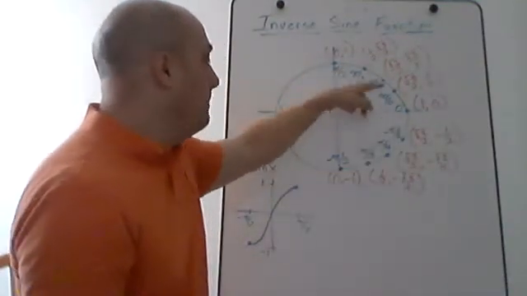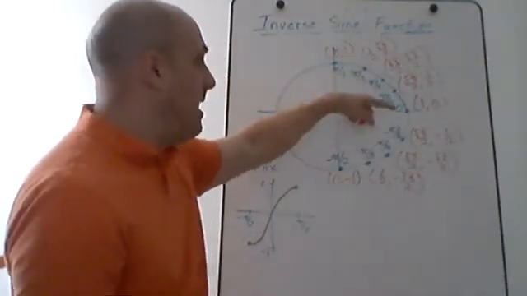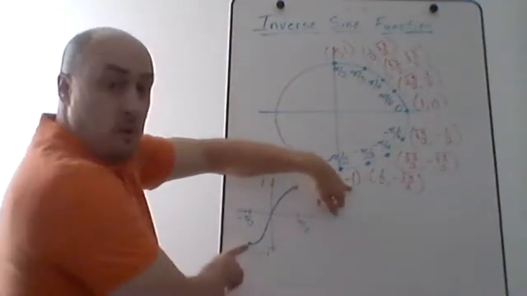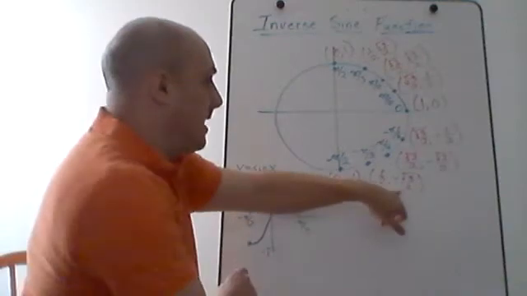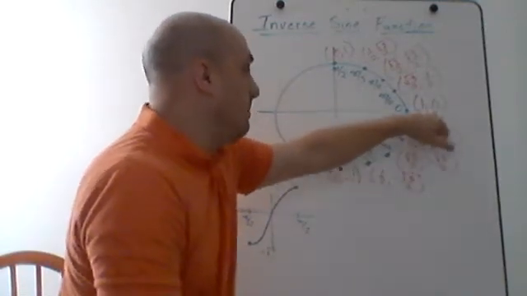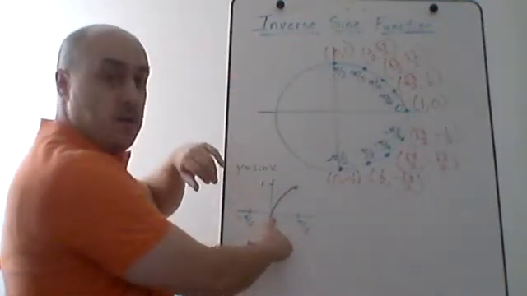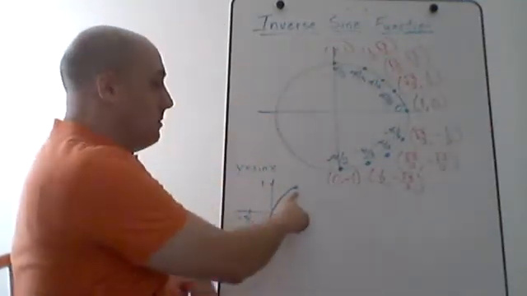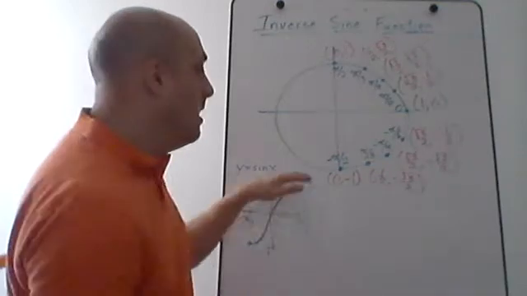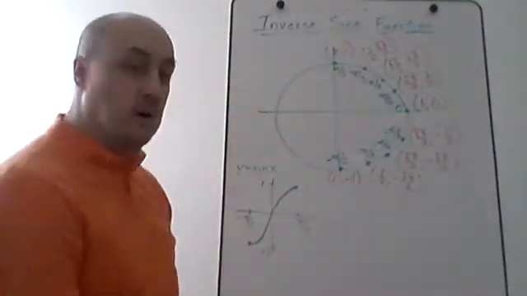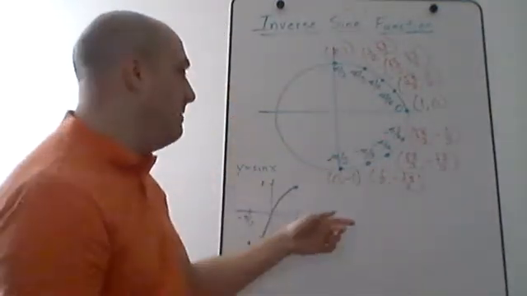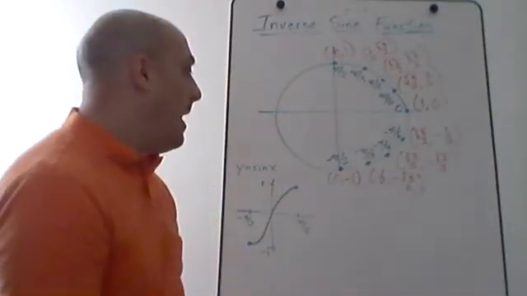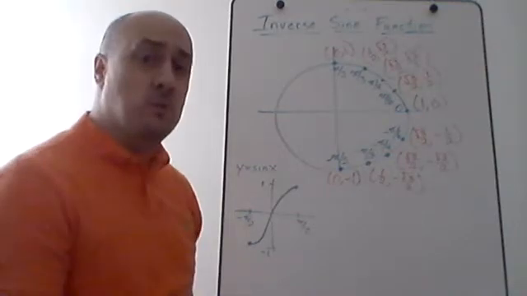Then on that right half of the unit circle, we hit all the y values from negative 1, which corresponds to this point on the graph down here, through negative numbers like negative root 3 over 2, up to 0, which corresponds to the point at the origin, and then positive y values going up to positive 1, which corresponds to that point up there. So just on that right half of the unit circle, we cover all the output values of the sine function, from negative 1 up to positive 1, and we only cover each one a single time.